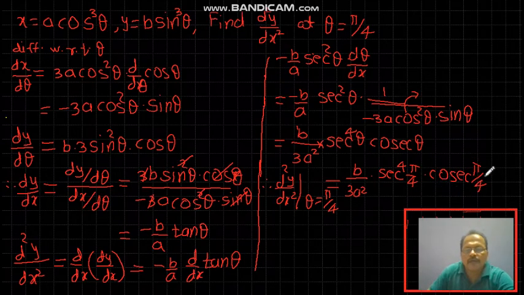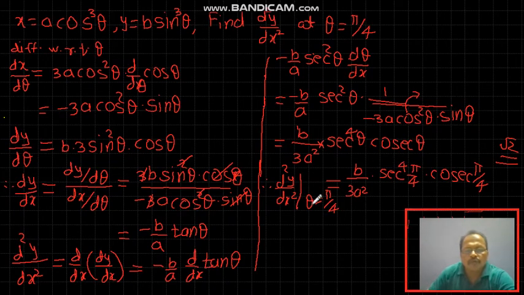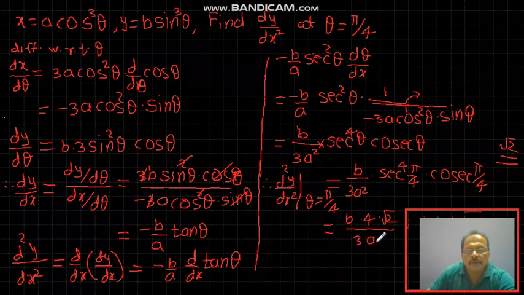We know the value of cosec pi by 4 is root 2 and sec pi by 4 value is also root 2. So root 2 raised to 4 is 4. So b into 4 into root 2 divided by 3a square, and your final answer is 4 root 2 b upon 3a square.